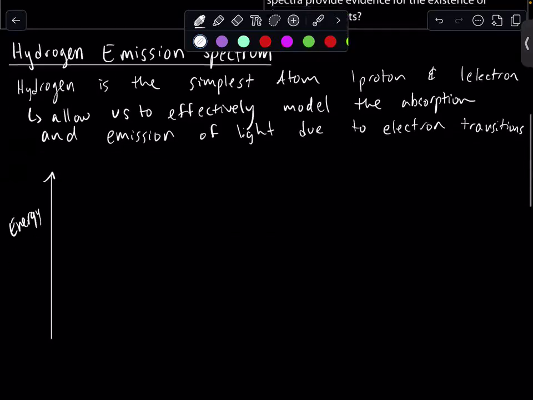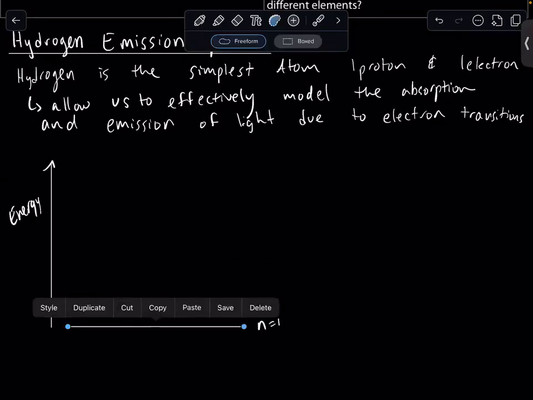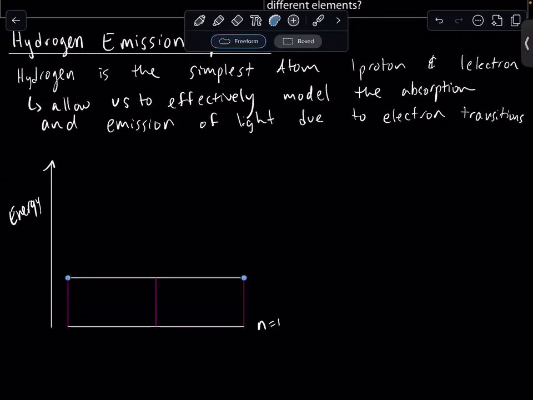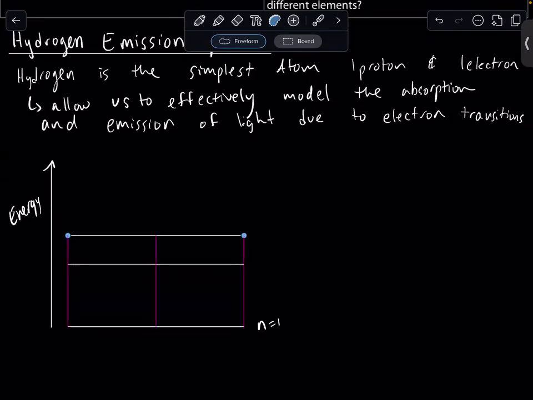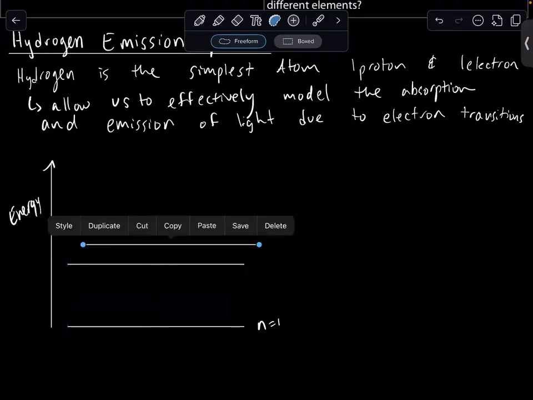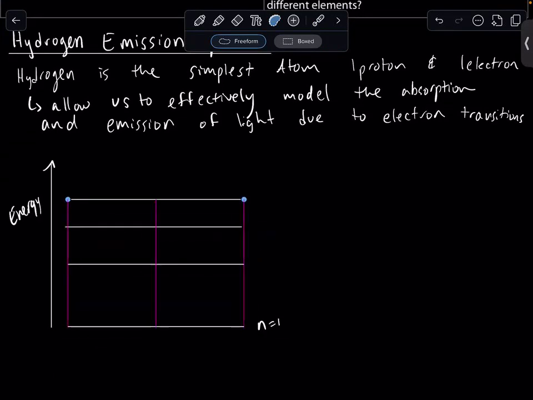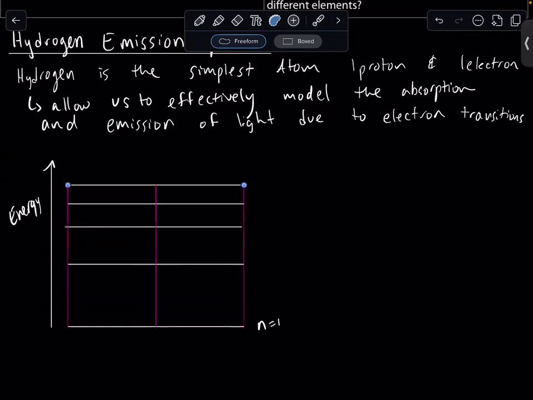of each energy level, and we'll make our energy levels here starting with n equals 1. We're gonna go all the way to n equals 6 about. And something you'll notice is the spacing between the energy levels gets smaller and smaller. They are converging.